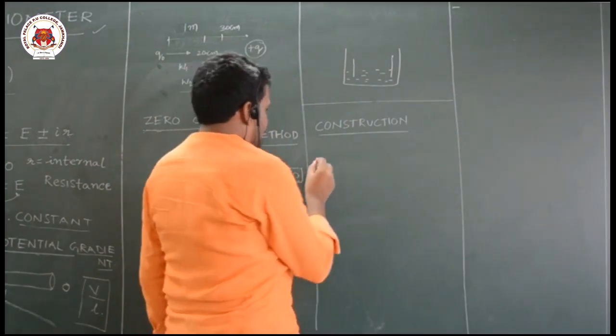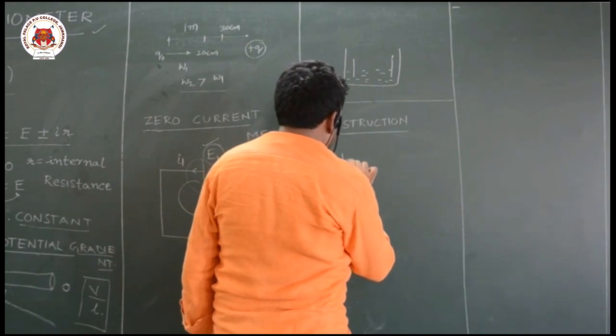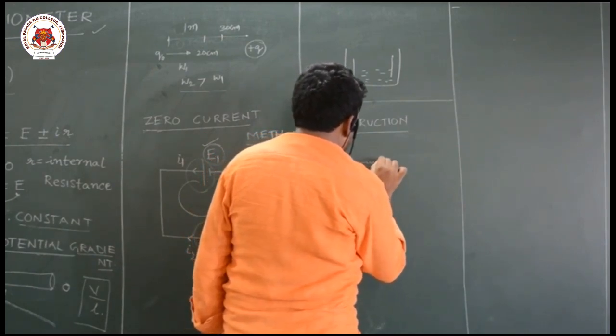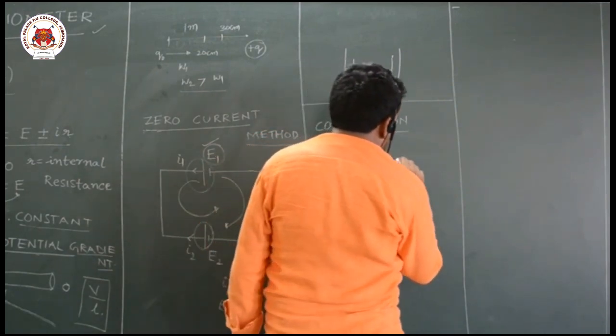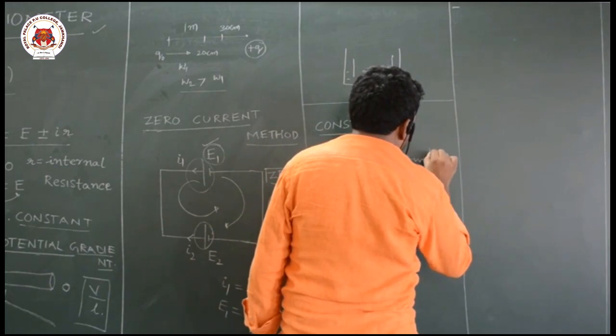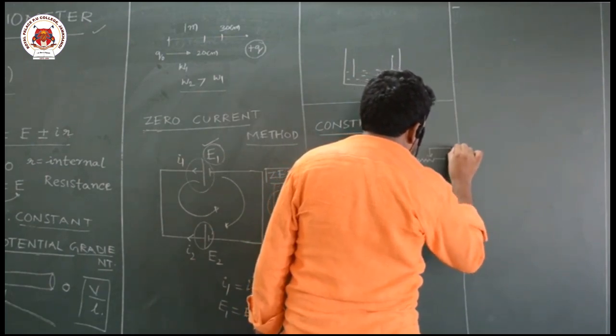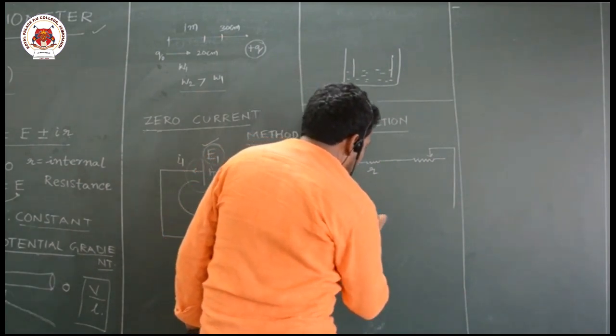See here, the potentiometer consists of a cell which has some small internal resistance, which is connected to an external resistor, a rheostat which can vary its resistance, and which is connected to a wire.